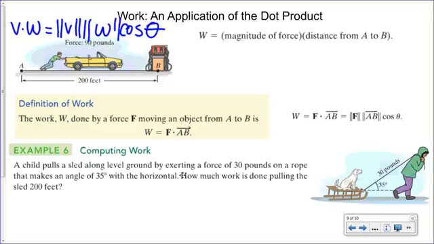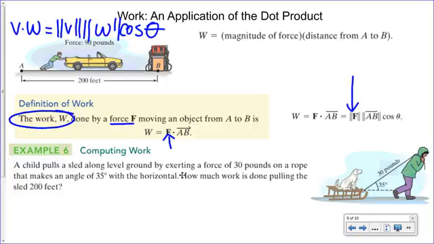And so we're going to do something similar here, but what we're going to use is this formula. So we're going to use W for work, and F is the force that is moving the object from point A to point B. So what we have here for force, we're going to be using the magnitude of that force.